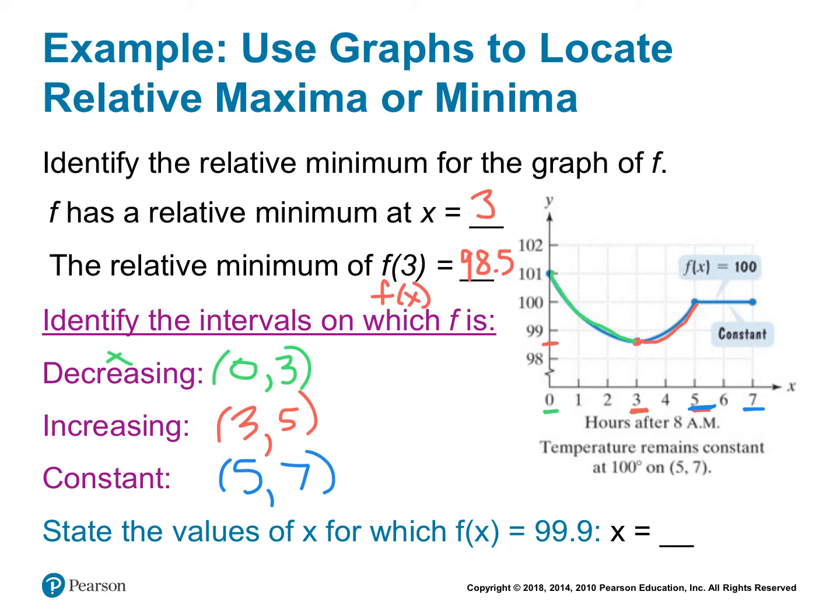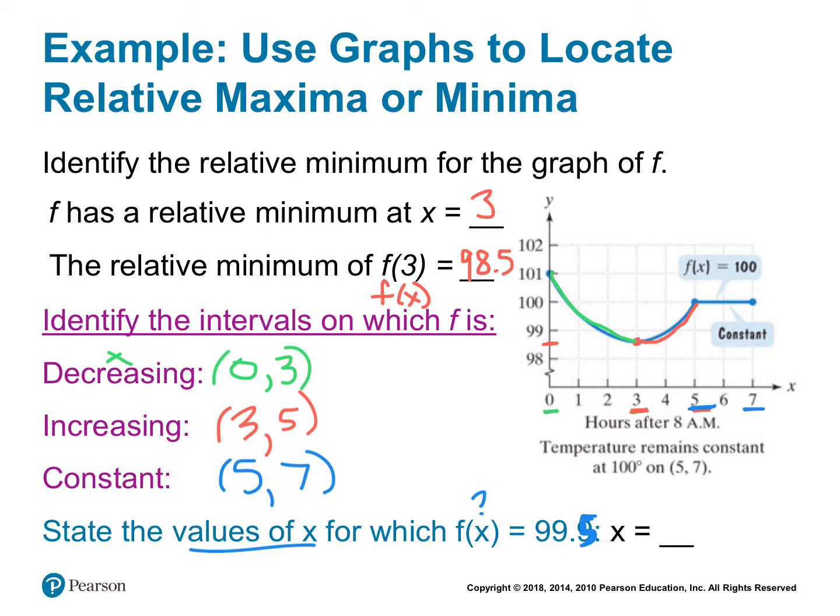And the last one, state the values of x for which f of x is 99.9. This should have been 99.5. Little typo there. Change it to 99.5. So it wants to know what is the x. State the values of x. So x equals, we want to know what is this missing x that's going to give us 99.5.